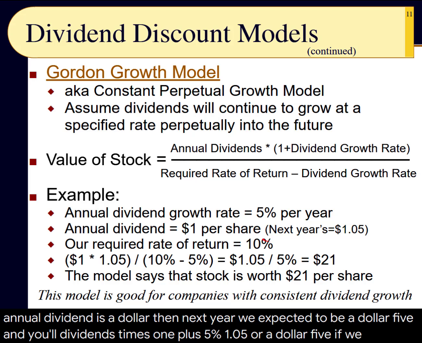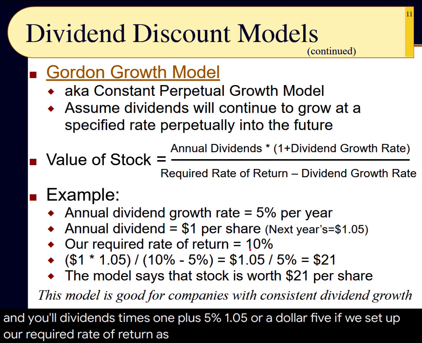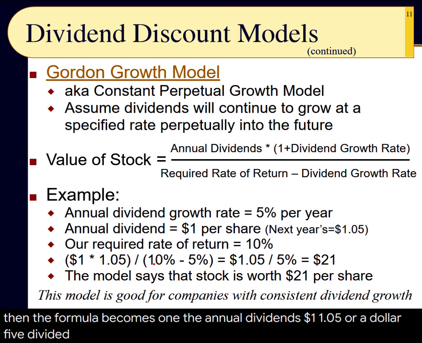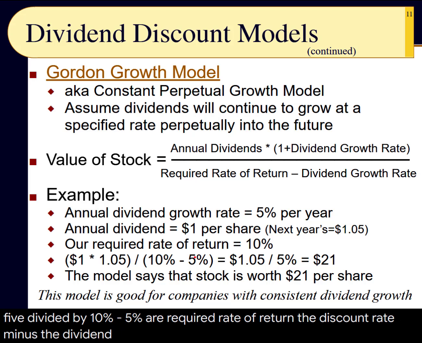If we set up our required rate of return as 10%, again, that's what we choose, then the formula becomes the annual dividends, $1, times 1.05, or $1.05, divided by 10% minus 5%, our required rate of return, the discount rate, minus the dividend growth rate.